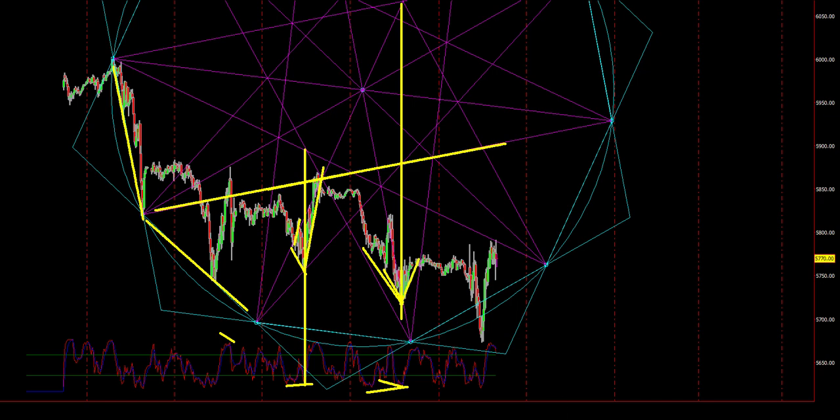What else can you see? What's happening here? Look at this intersection. Hold on a second. What is this intersection? There is a critical intersection.